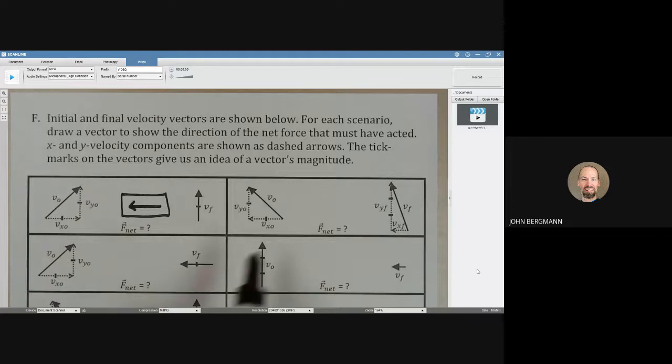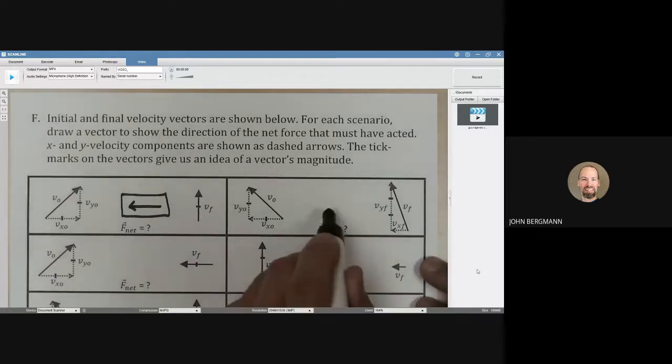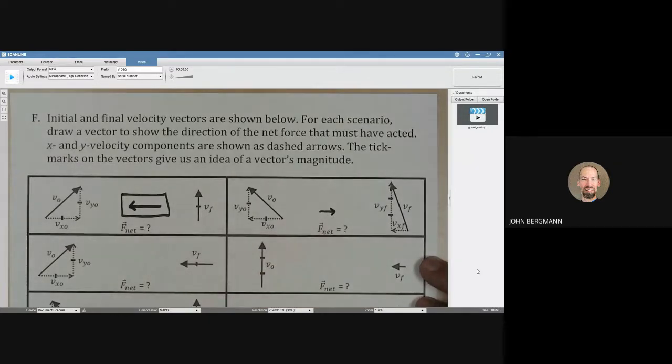I think there's the direction of your net force for that one. Let's take the one to the right of that. Now, what happens here? Let's look at the x components of velocity. Initially, the x component looked like that to the left. Here, it's only half as much to the left, which means there must have been a net force vector that acted a little bit to the right to cancel out some of that x velocity.